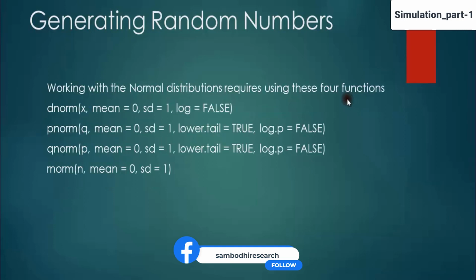Now, working with the normal distributions requires using these 4 functions: dnorm of x, comma, mean equal to 0, sd equal to 1, log equal to FALSE.